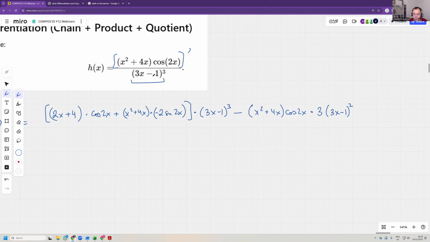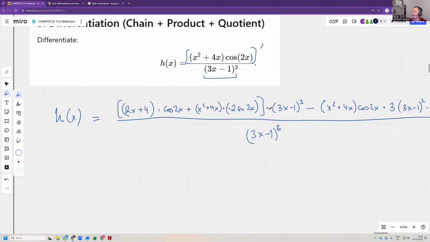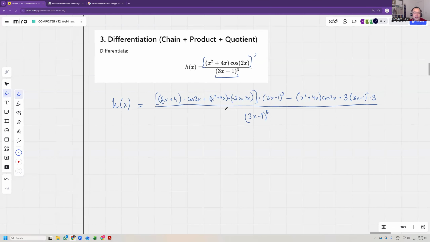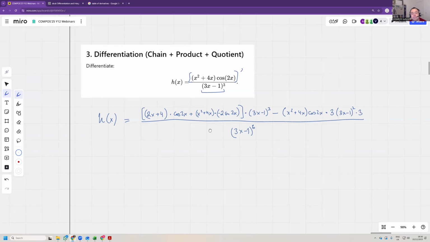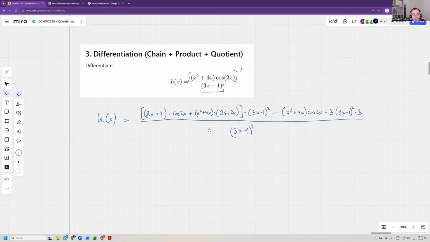So I applied the power rule, and then I multiply by the derivative of 3x minus 1, so it's just 3. And then I divide everything by 3x minus 1 to the power 6. So you can see I literally just used one line of writing to do the whole thing. So yeah, derivatives are fun.